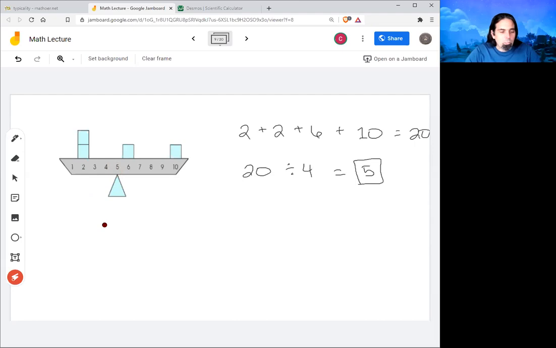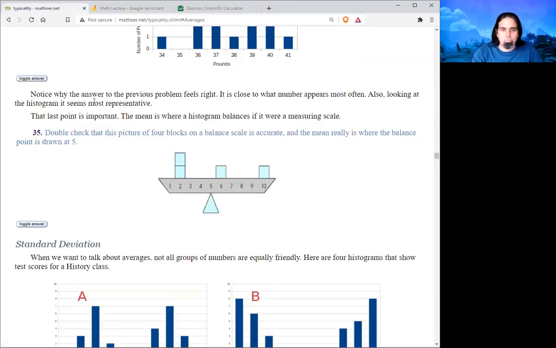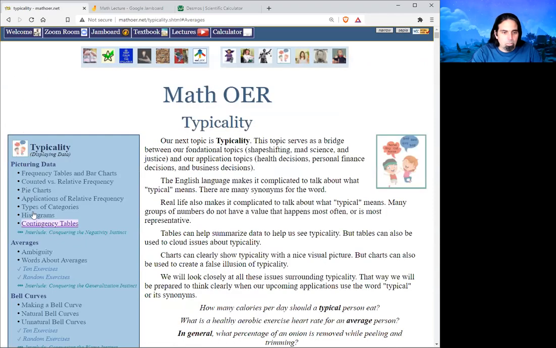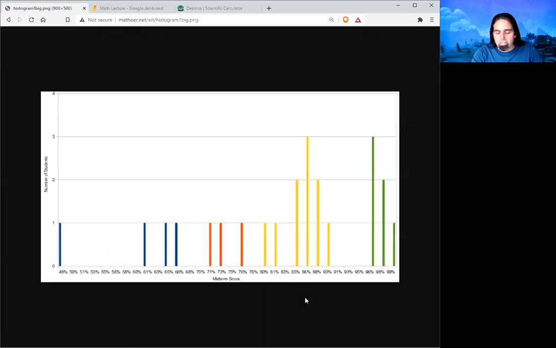Our eyes are actually remarkably good at this. If you look at a histogram, we skipped over histograms, but the kinds of things that say like, here's the grades everyone gets on a test, we are very good at finding about what the mean would be, about where this balance is. Where would you think for the one on the board right now?